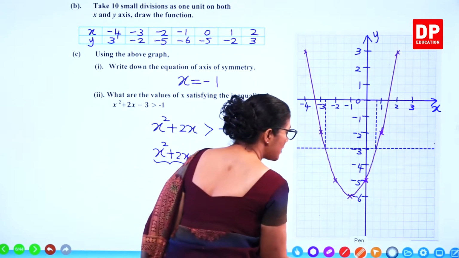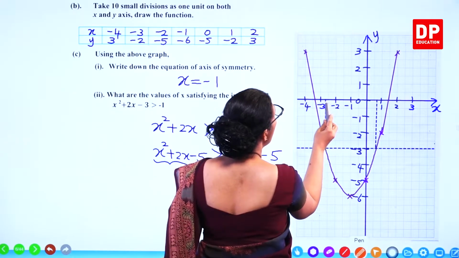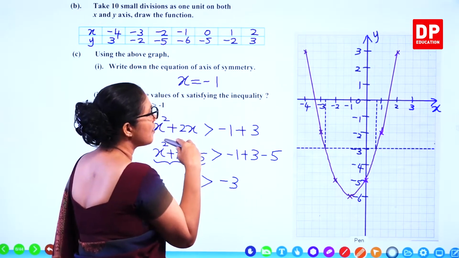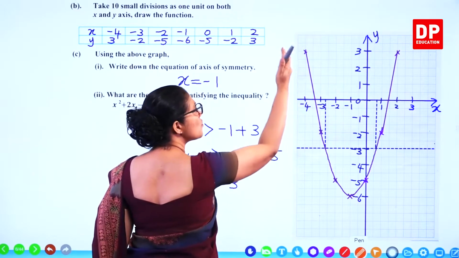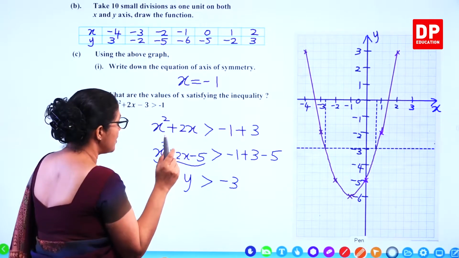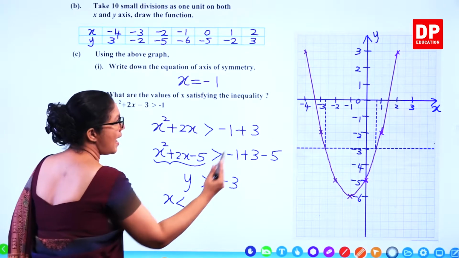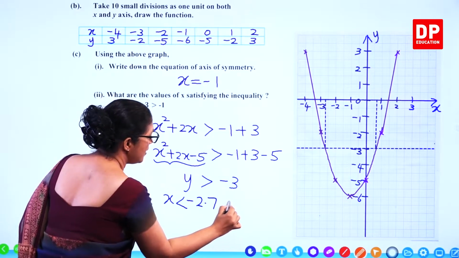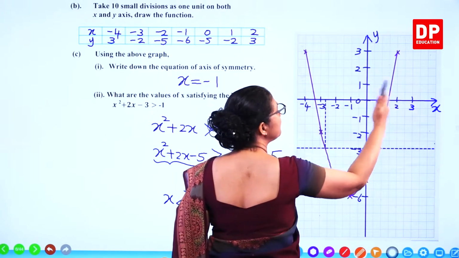So how can you write down the values? This is like -2.7. So x, so greater means this way. So this side is the required region. So we can write x is less than minus 2.7, or here from here this way.